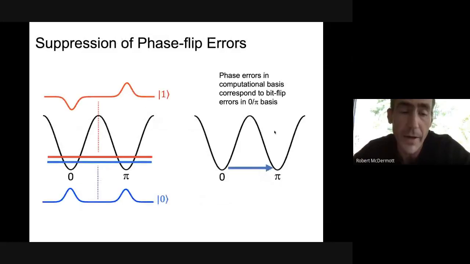So let's talk about how such a circuit can achieve simultaneous protection against both phase flips and bit flips. Phase flips for these logical states are going to correspond to bit flips in the 0 pi basis. And so that means we're talking about tunneling events between the 0 and pi wells of this pi periodic potential. Well, we know very well how to suppress that type of error.